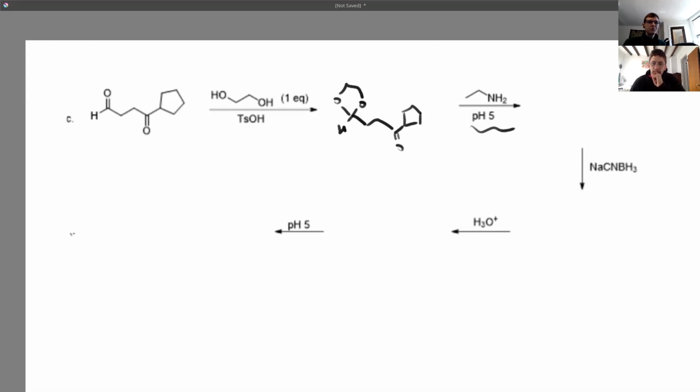So imine formation. Remember, imine formation always has to be acidic. And if we have a carbonyl and an amine, there's no reason the two can't work together. So why don't we form the imine?